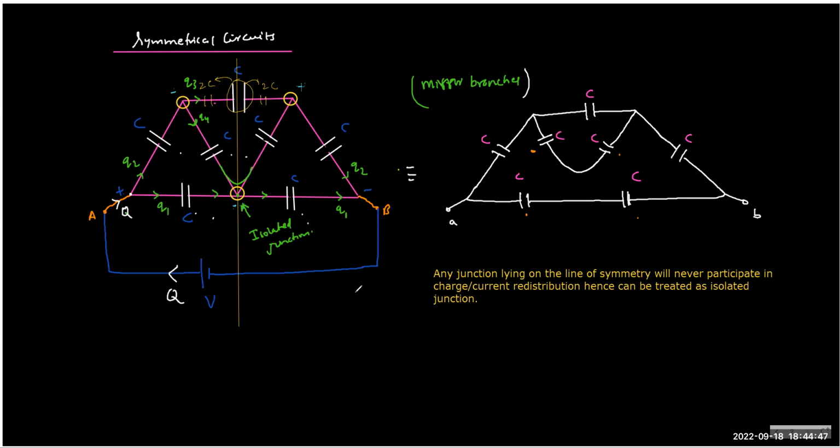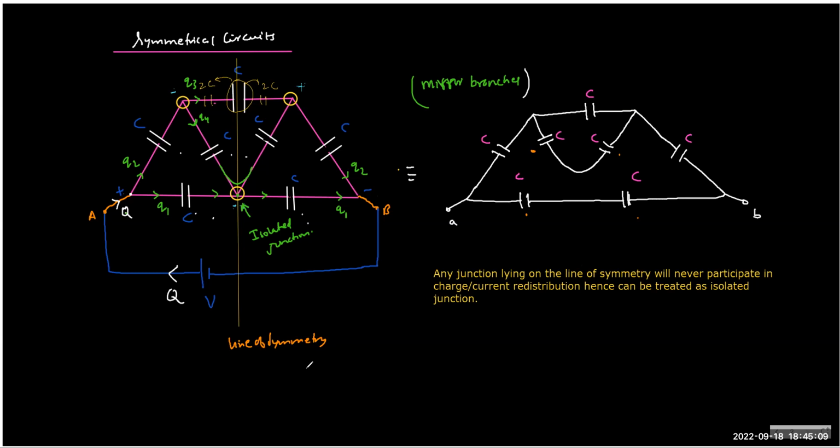Okay. Also, the line of symmetry is that line which can reflect the terminals. If you look at this carefully, this line of symmetry is reflecting A as B. So A and B are mirror images of each other.